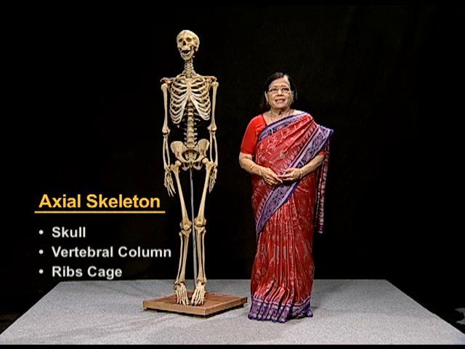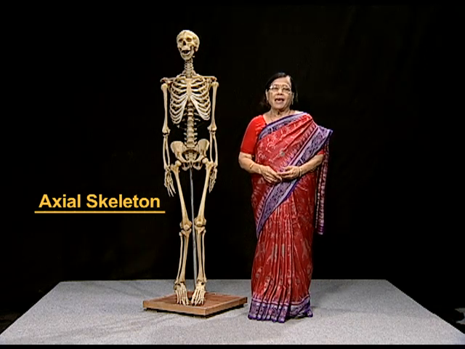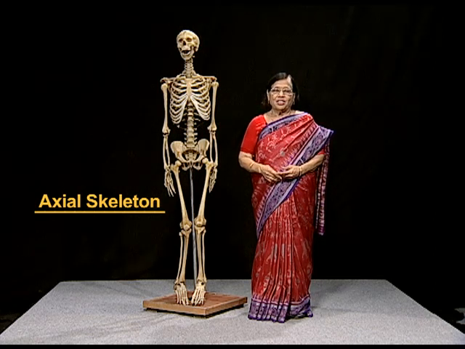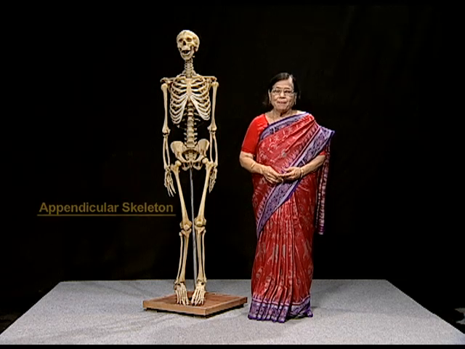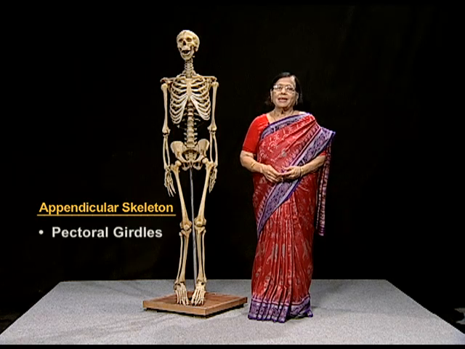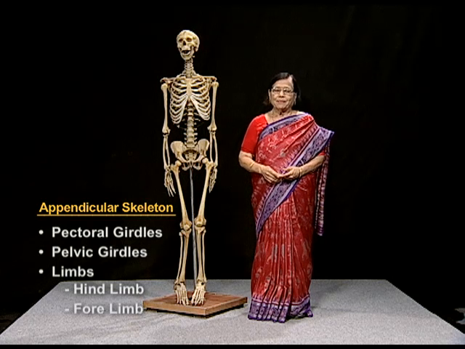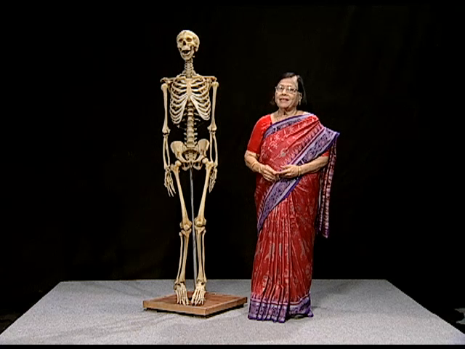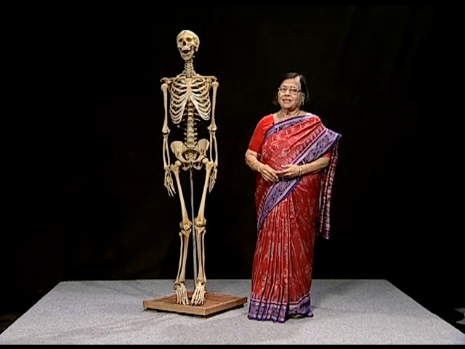Axial means axis; it makes the axis of the body, and that is our head, our chest and the vertebral column. The other division is the appendicular skeleton, which includes the pectoral girdle, pelvic girdle, and the limbs, hind limb and forelimb. Let me start explaining the bones in this skeleton, starting with the head, which is part of the axial skeleton.